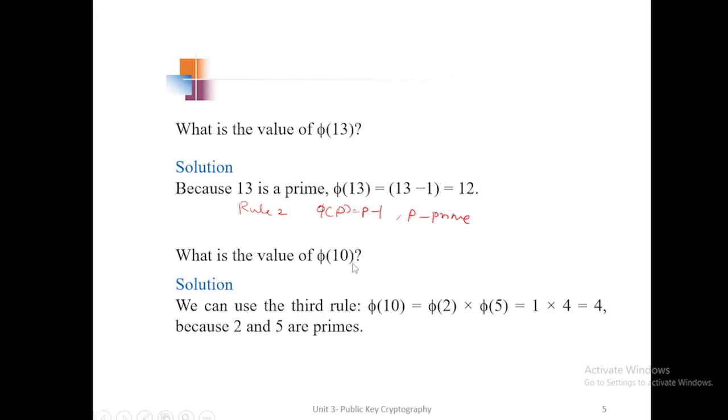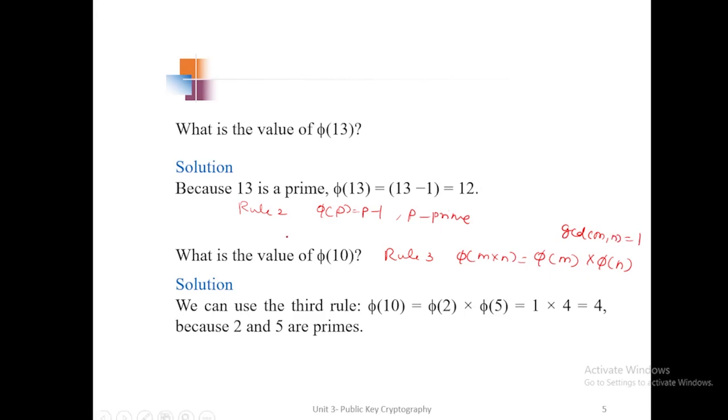Then what is the value of pi of 10? 10 is a composite number, so we should apply rule 3. With rule 3, pi of m into n can be written as pi of m into pi of n, where m and n are relatively prime.